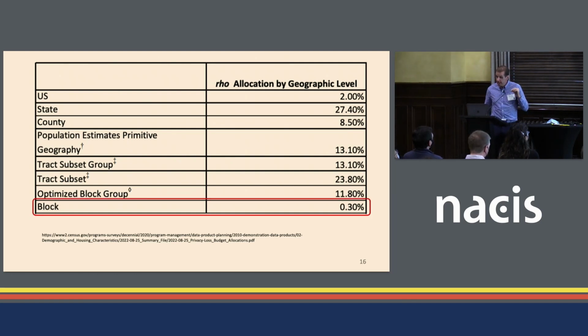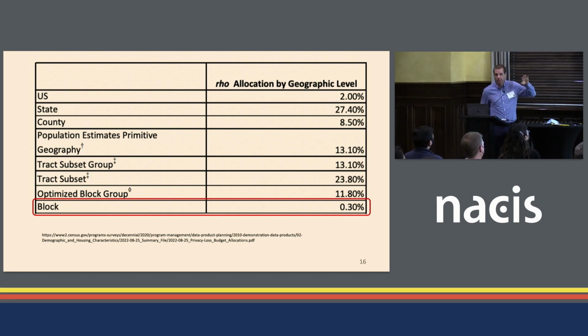And if you can see, and it should jump off the page at you, block data are incredibly disclosive from a privacy perspective. So the Census Bureau is going to make block data more inaccurate. They're going to inject more noise into those in order to protect people's privacy. But they're going to, as you can see, make data like counties and census tracts get a larger fraction, and so they're going to be more accurate.